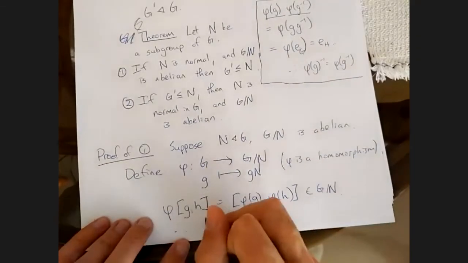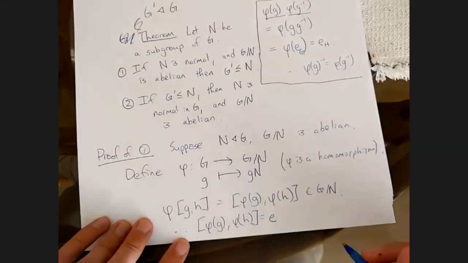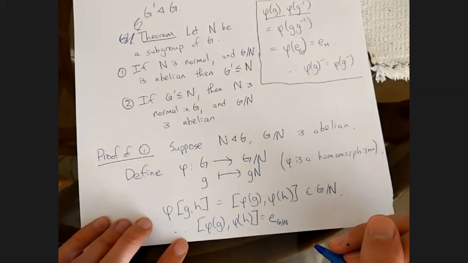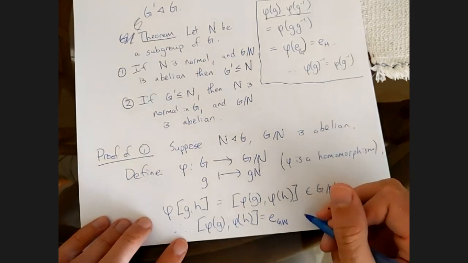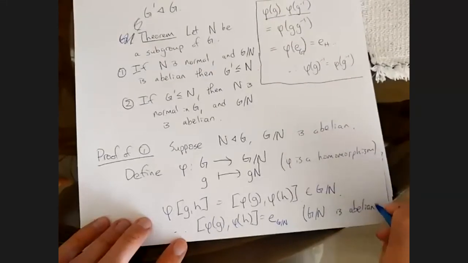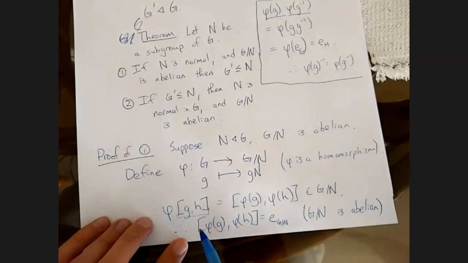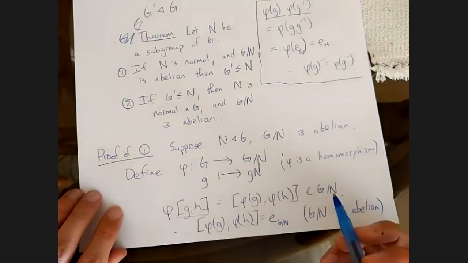So therefore, the commutator of phi of G with phi of H equals the identity, the identity of G mod N, since G mod N is abelian. Therefore, this commutator is in the kernel of phi, the set of all things that get mapped to the identity.